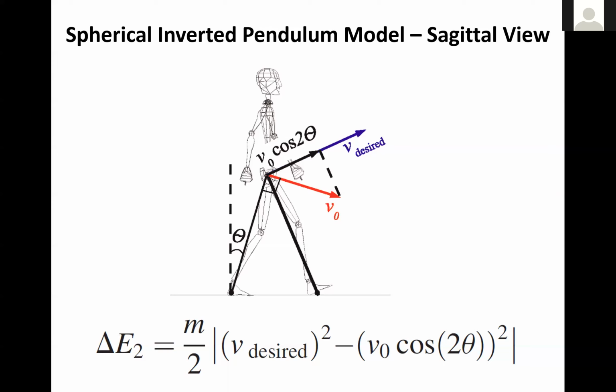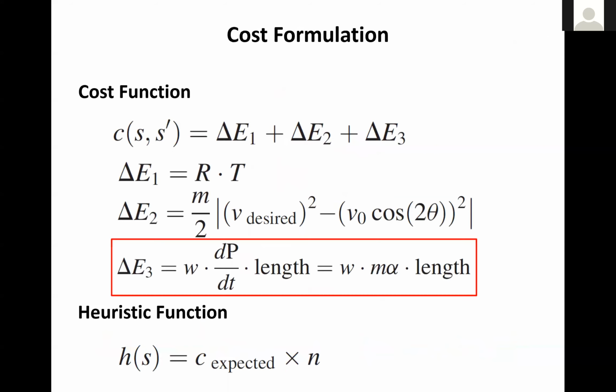Therefore, a character needs to constantly keep reintroducing new kinetic energy into the system in order to maintain the desired speed. So that is the energy loss which we are trying to model here. And again, we're doing this at a very simple level, but hopefully you can appreciate what we are trying to model here.